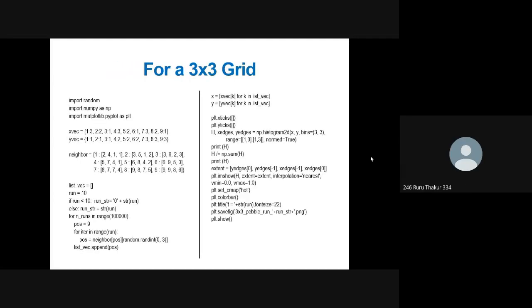So we've written two codes for this experiment. One is for a 3x3 grid and one is for a 30x30 grid.